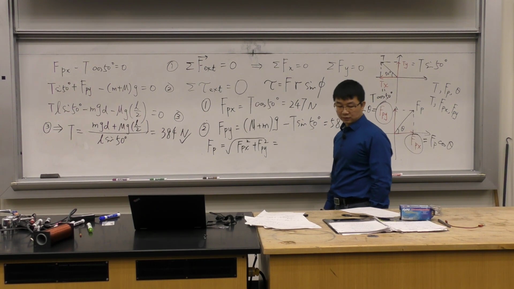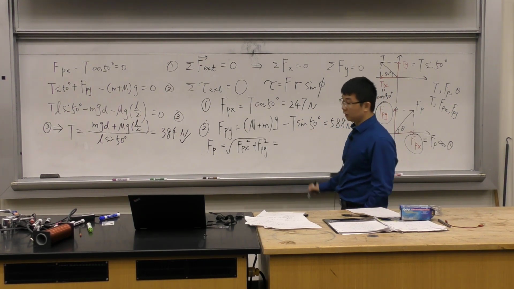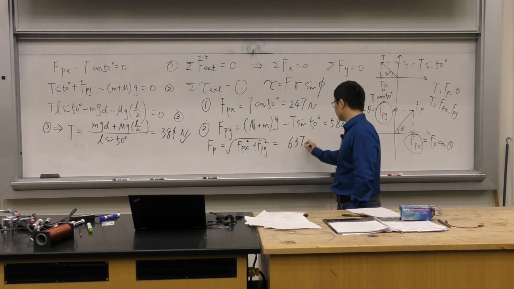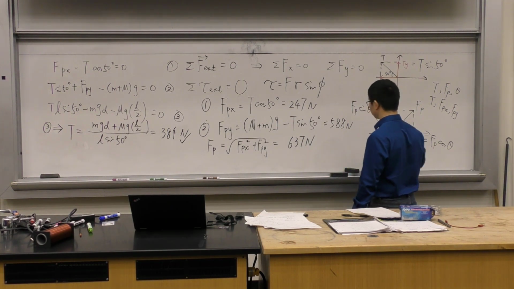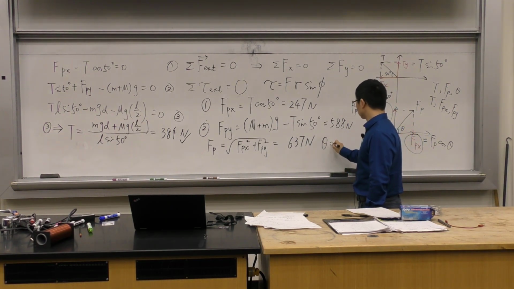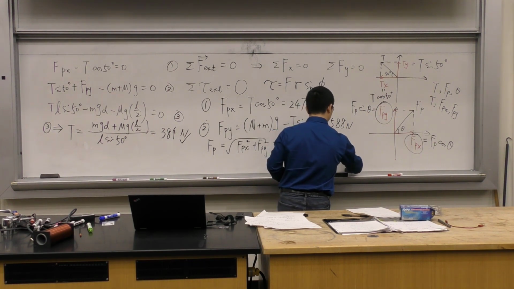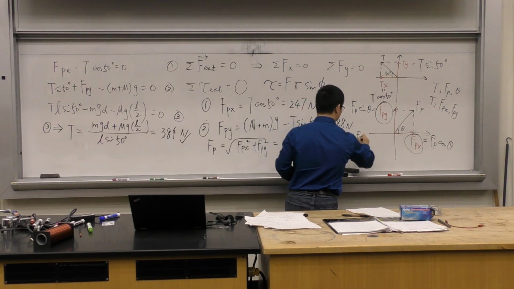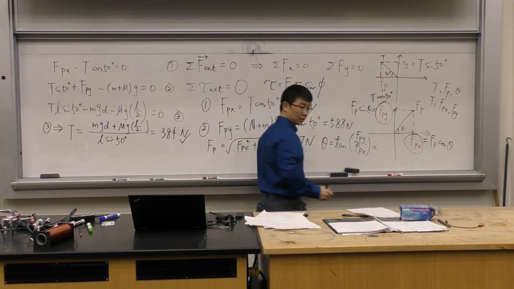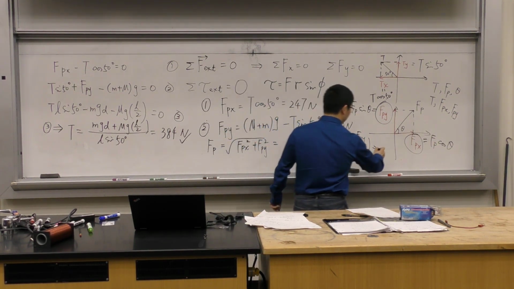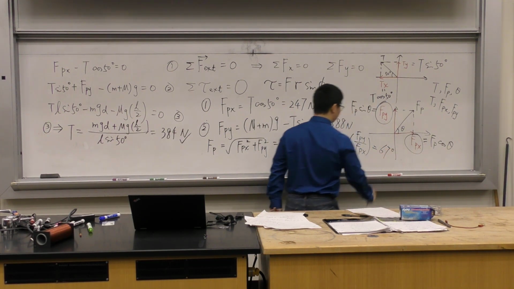Right? So this is going to be 637 newtons. And for the angle theta, using this diagram, if you want to use tangent, that's going to be y over x. So this angle is going to be 67 degrees.